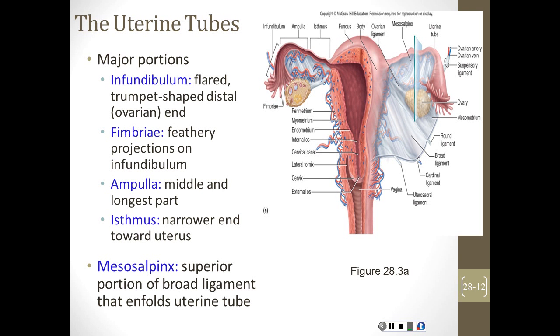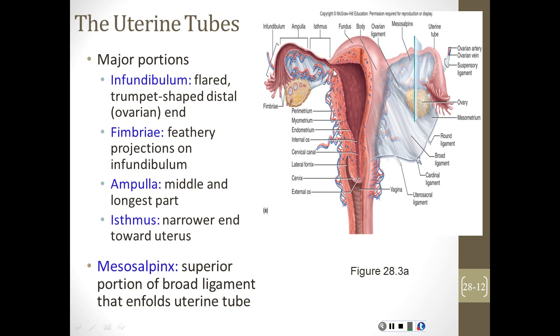Now the uterine tube is enfolded in a mesosalpinx, which is the superior margin of the broad ligament. As you see, there are major portions of the uterine tube.